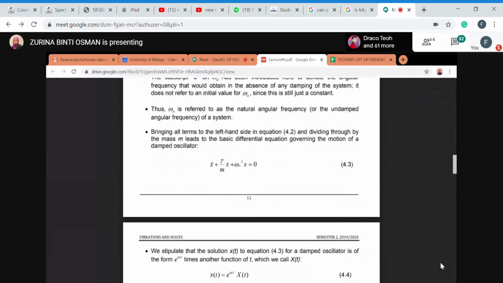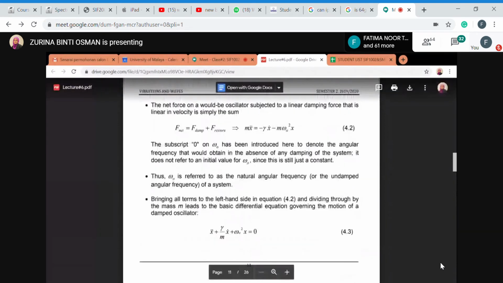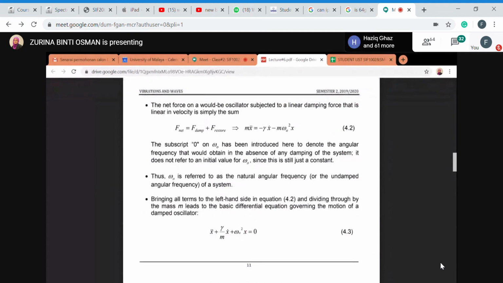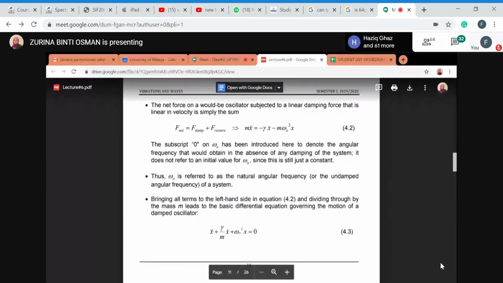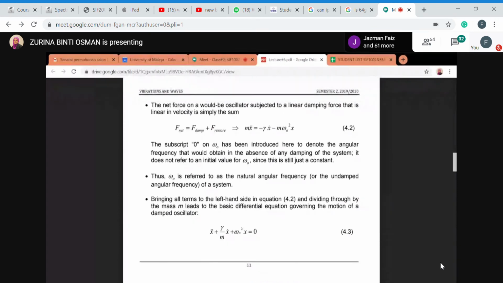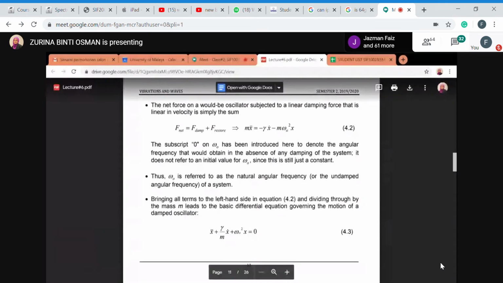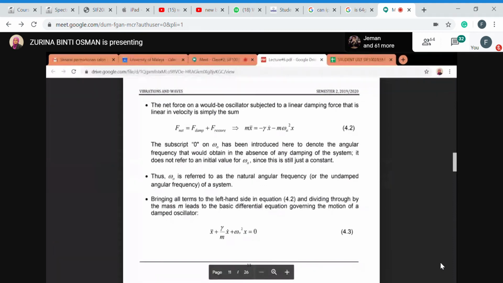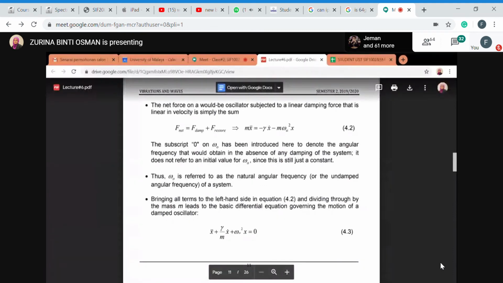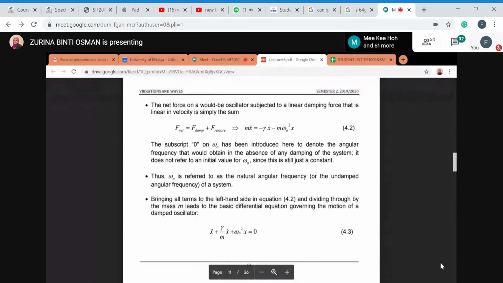Then we bring all terms to the left hand side of this equation and divide through by the mass, which leads to the basic equation governing the motion of damped oscillators. So you will have x double dot plus gamma over m x dot plus omega naught squared x equals 0.